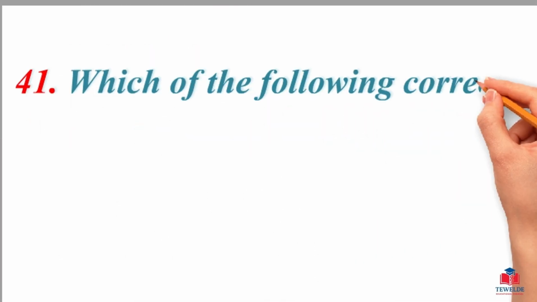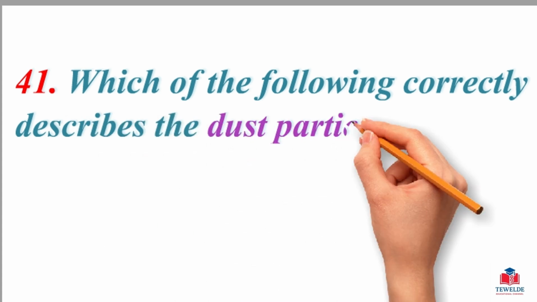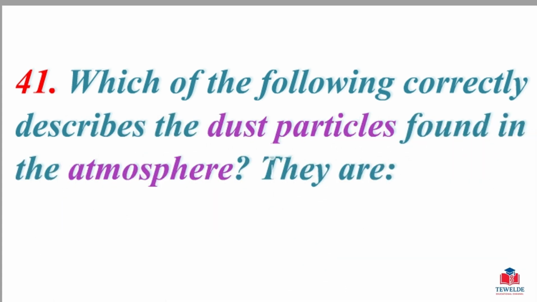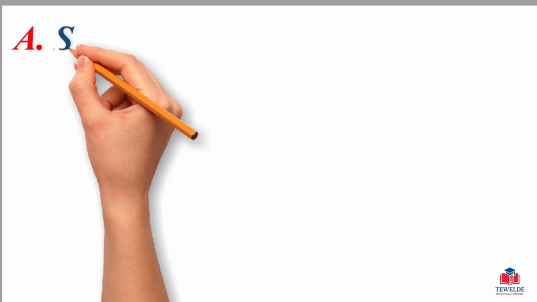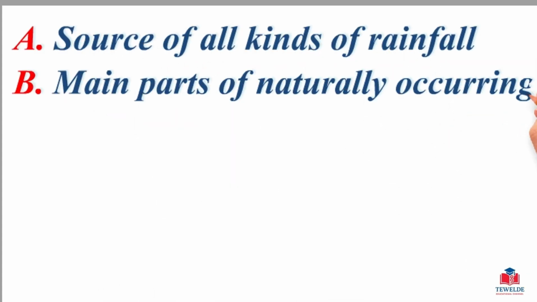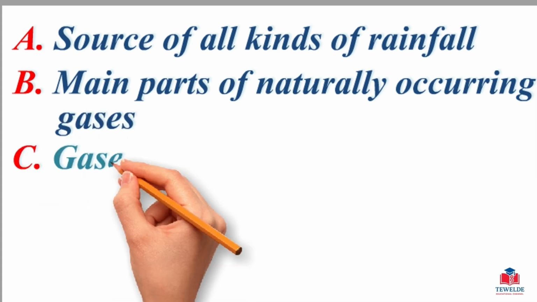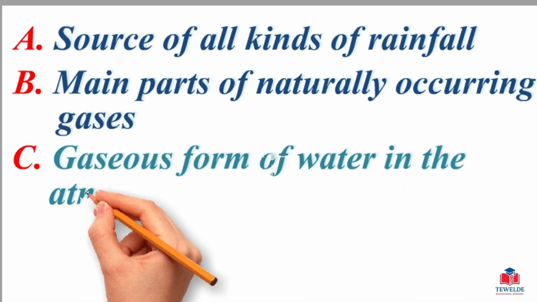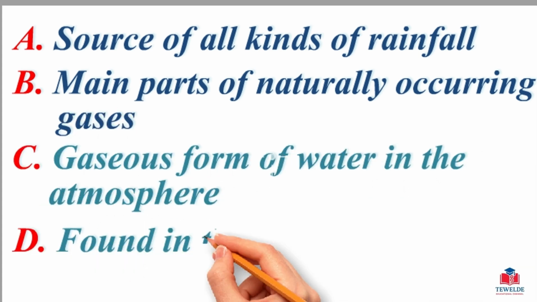Question number 41. Which of the following correctly describes the dust particles found in the atmosphere? They are A, source of all kinds of rainfall. B, main parts of naturally occurring gases. C, gaseous form of water in the atmosphere.